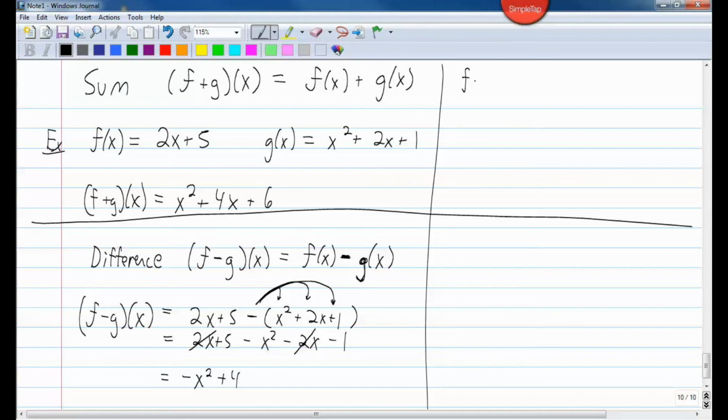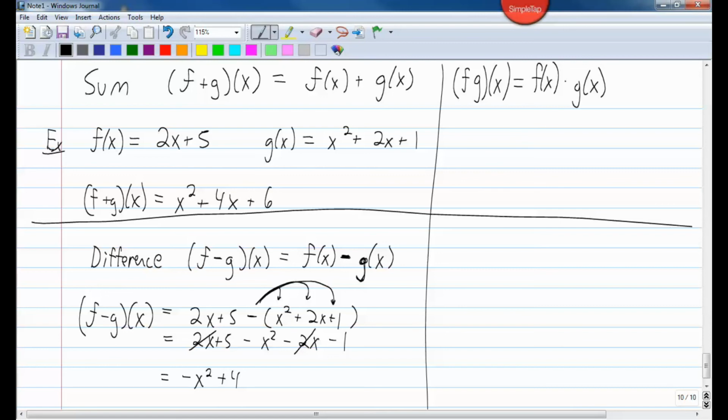If you have f times g of x, that means f of x times g of x. So if you see an f and a g beside each other, nothing between them, of x, that means take f of x and multiply it times g of x.